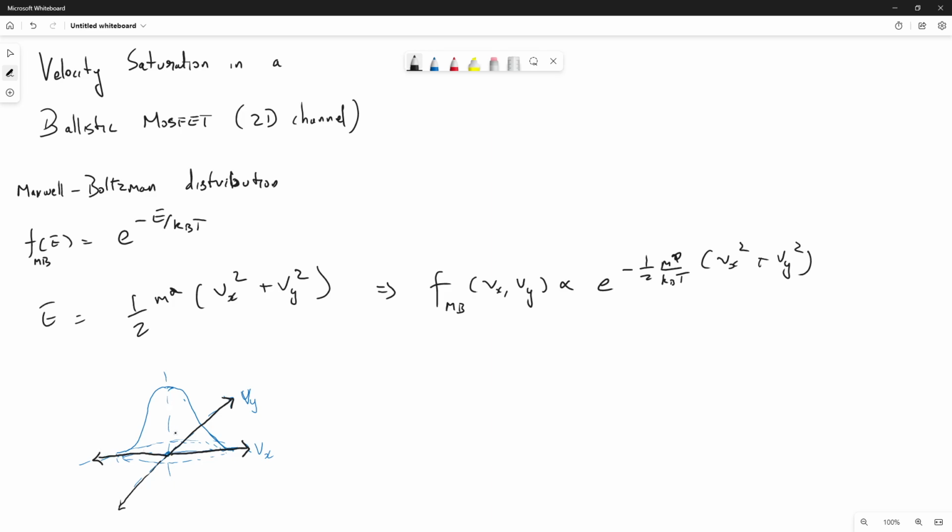So if I consider a plane, that is why I drew the axis in red, cutting this thing in half like this, across the x-axis, more and more electrons will jump from the negative side to the positive side. Like more and more electrons will start gaining a net positive Vx.